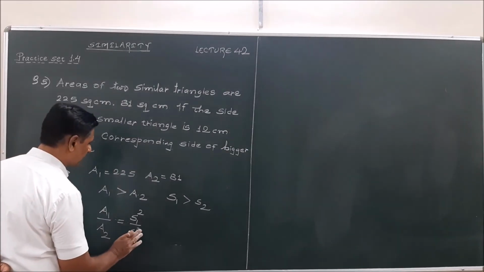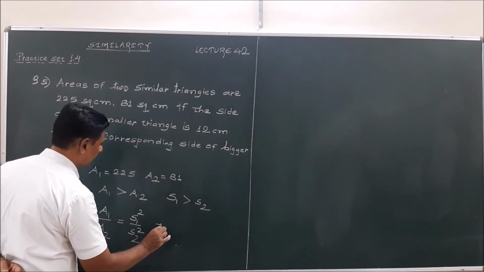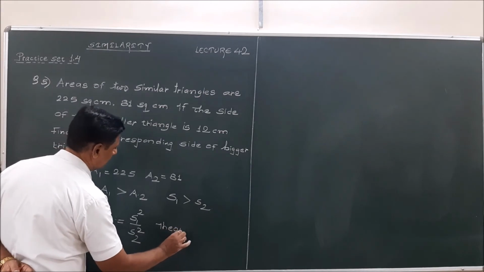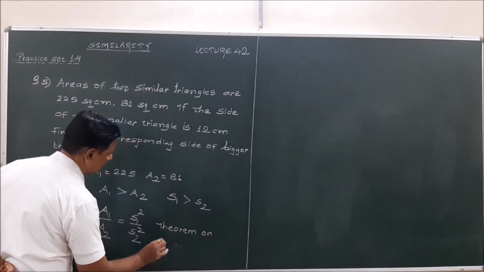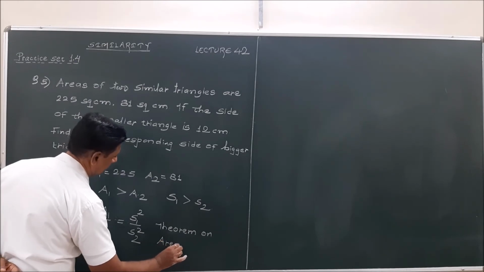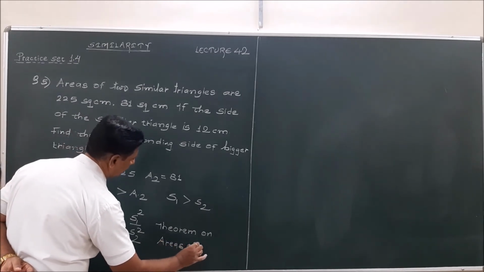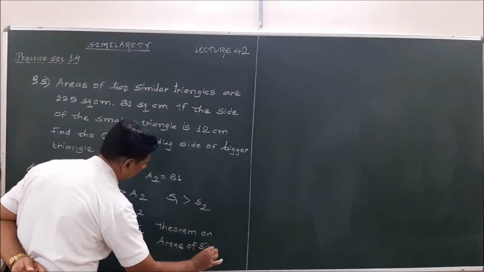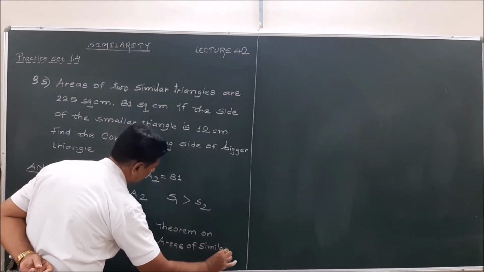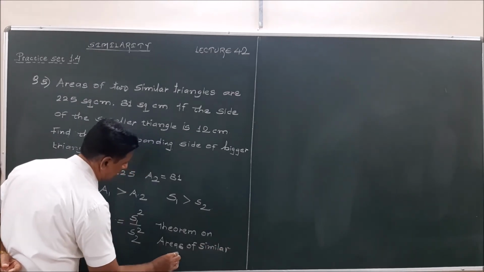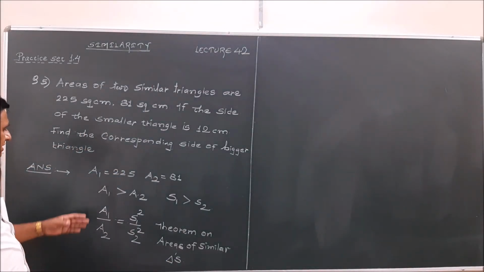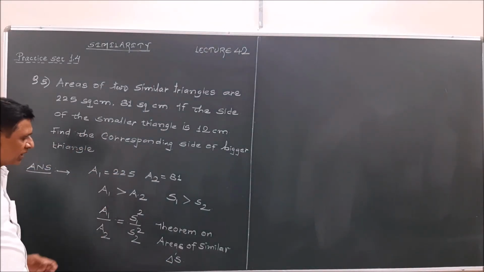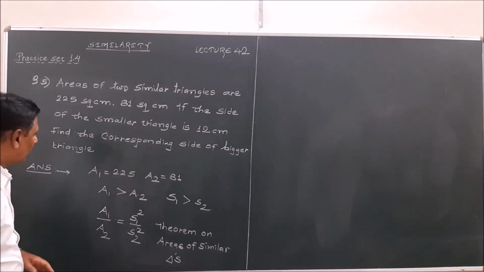Theorem on areas of similar triangles, that is A1 upon A2 is equal to S1 square upon S2 square.